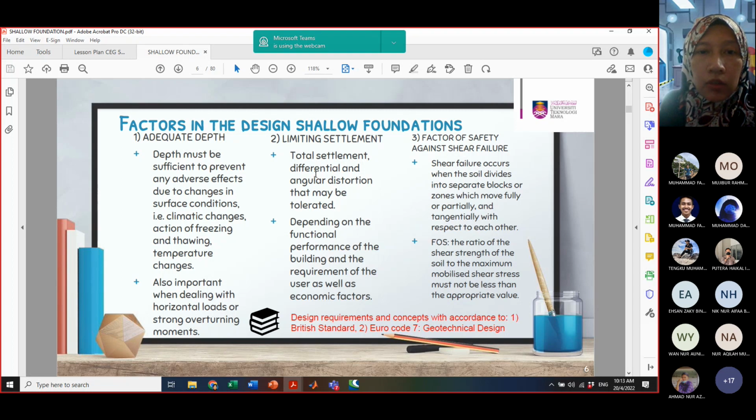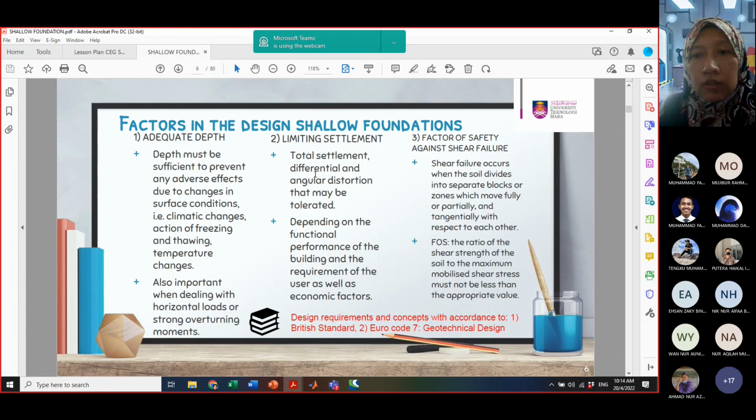I am not sure if you have heard of settlement. What is the difference between total settlement, differential settlement, and angular distortions? Later, in the next part of the series for topic 2, you will see what settlement is and how many settlement types we have, just to make sure our shallow foundation design is safe to be used.